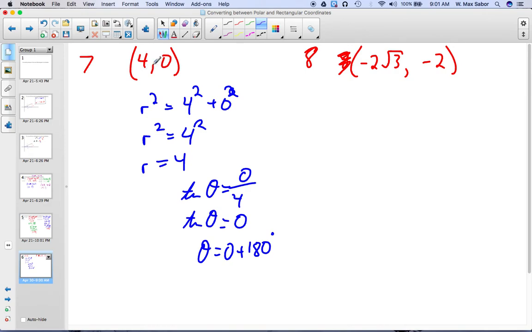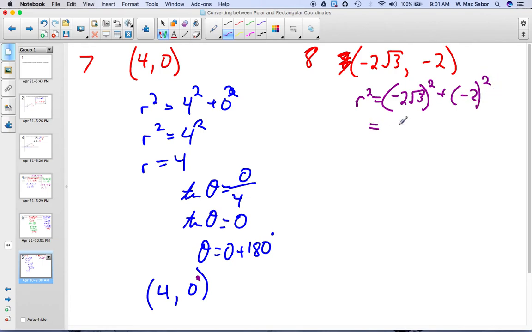And based on the location of that point, since it's on the x-axis, which will be the polar axis once we convert to polar form, we have 4 comma 0 is also the representation in polar coordinates, maybe 0 degrees or 0 radians.